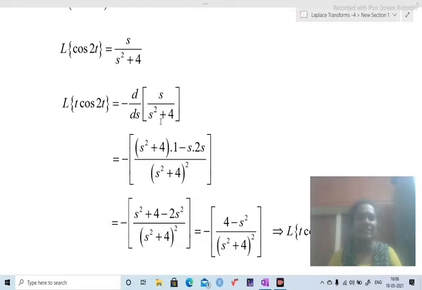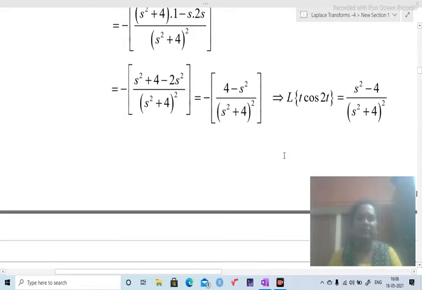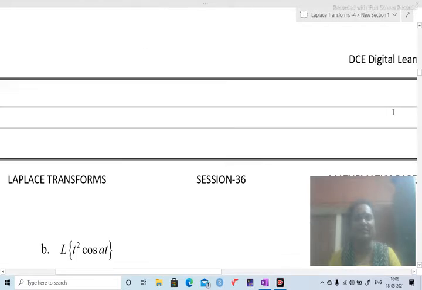Here the denominator is s square plus 4, so the differentiation of s square plus 4 is 2s. 2s into s is 2s square. Again simplify, then we get the Laplace transform of t into cos 2t as s square minus 4 by s square plus 4 whole square.